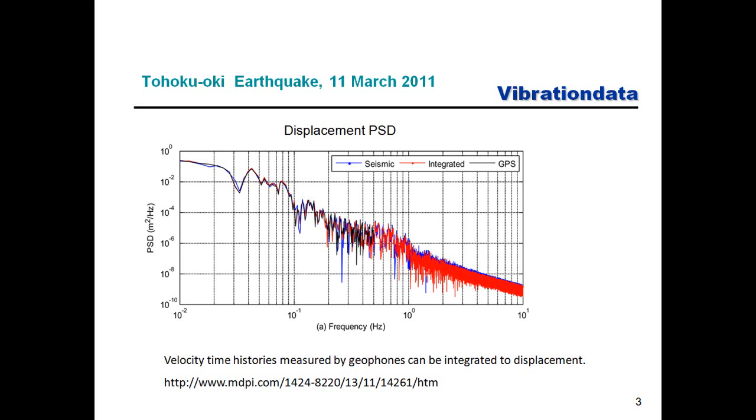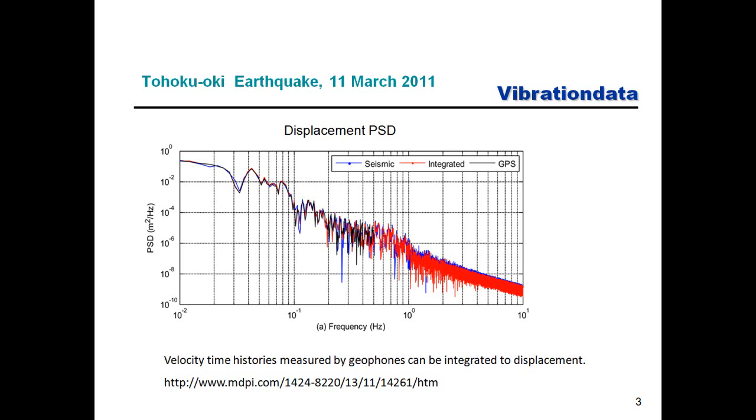And if we were, for example, just measuring seismic data with a geophone, well, a geophone outputs a voltage proportional to velocity. So we could take that resulting velocity signal in a post-processing operation, integrate that velocity to a displacement time history, and then calculate a displacement power spectral density.